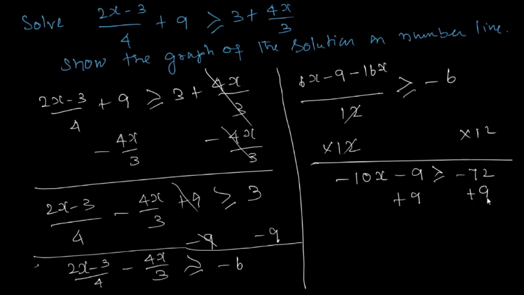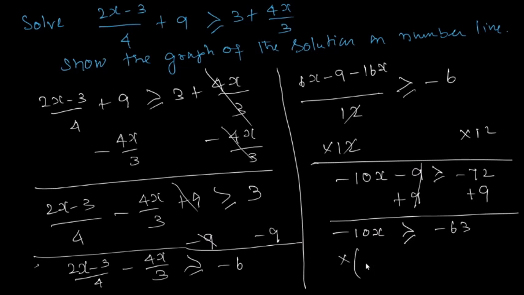Now the 9 should be removed by adding 9 on both sides. So you will get minus 10x, 9 can be cancelled, that is greater than or equal to how much? Minus 63. So we want to find out x. Remember, this is greater than or equal to.